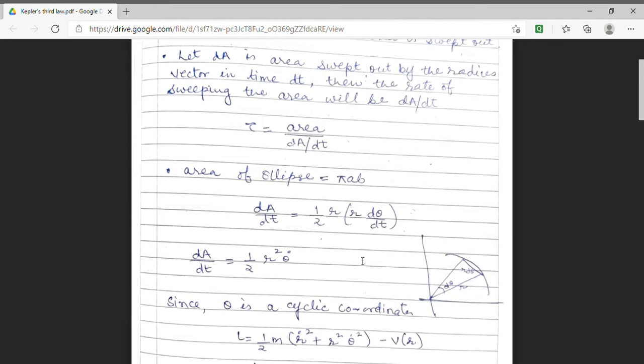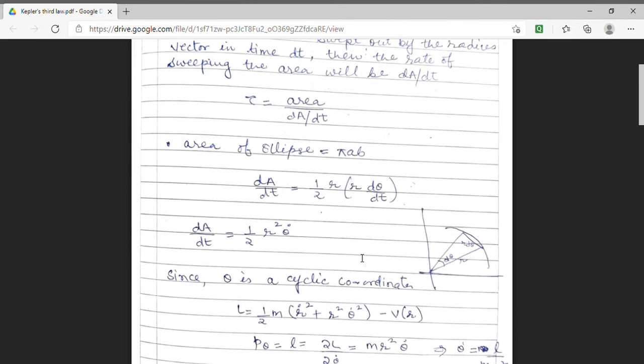Now we can see that the Lagrangian in r, theta coordinates is L equal to half m times r dot square plus r square theta dot square, minus V(r). We know that a coordinate which does not appear in the Lagrangian is a cyclic coordinate. Here it is evident that the theta coordinate does not appear, so it is a cyclic coordinate.